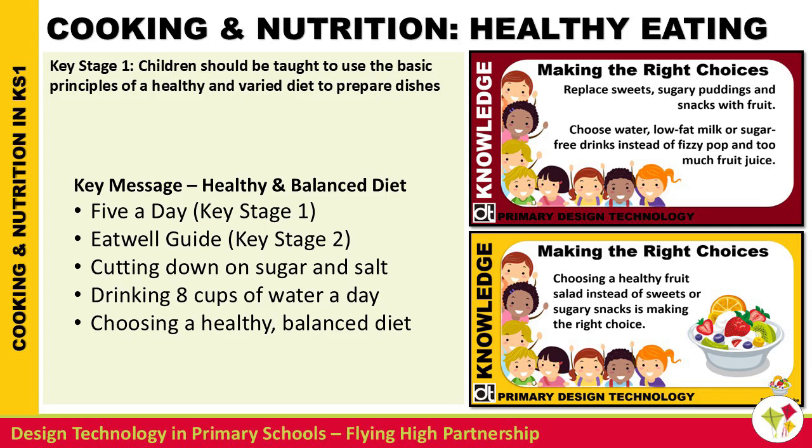In the example on the right hand side, the project challenges the children to design and make a fruit salad. Once the children have achieved this, the project reminds them about making the right choice by replacing sweets and sugary puddings and snacks with fruit-based food such as a fruit salad, reinforcing the healthy eating message.